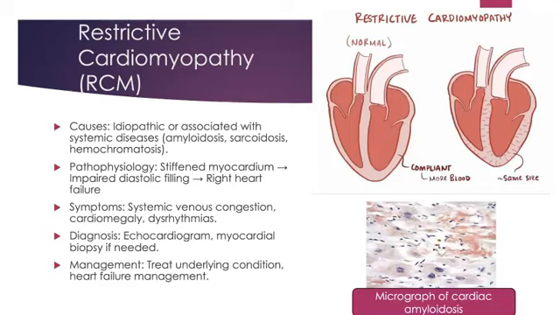We can also have these deposits of amyloids in areas like the liver, the kidneys, the spleen, our adrenal glands, and our bones. So symptoms could be systemic venous congestion, in which we see this in right-sided heart failure, where we get that distended jugular vein, or that blood goes back through the superior and inferior vena cava and can cause an enlarged liver or an enlarged spleen.